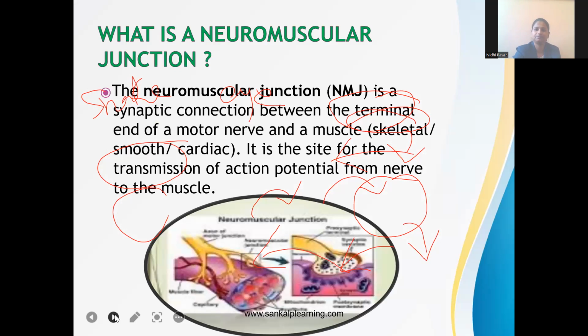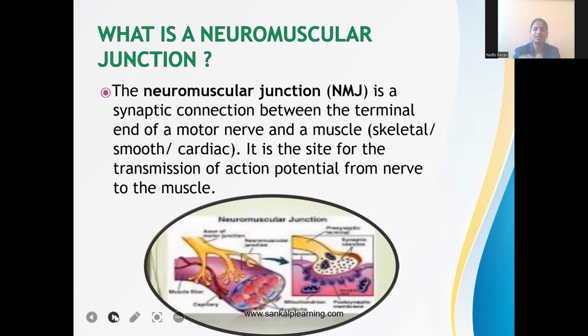Then what is the neuromuscular junction? The neuromuscular junction is a synaptic connection between the terminal end of a motor nerve and a muscle. For example, just now I said I saw a snake and I have to get up.